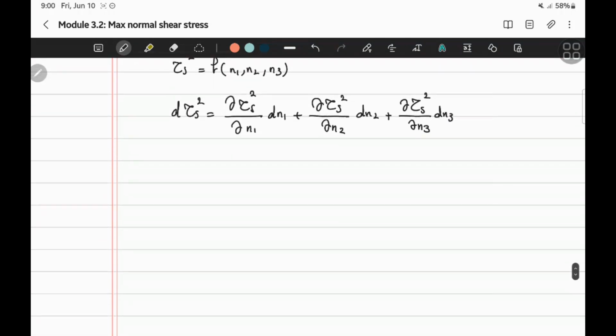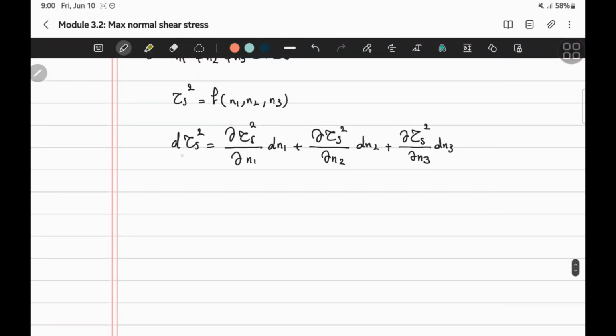In order to find n1, n2, and n3, we equate this equal to 0. When this equation becomes zero, it is when this is equal to 0, this is equal to 0, and this is equal to 0, which is our trivial solution.